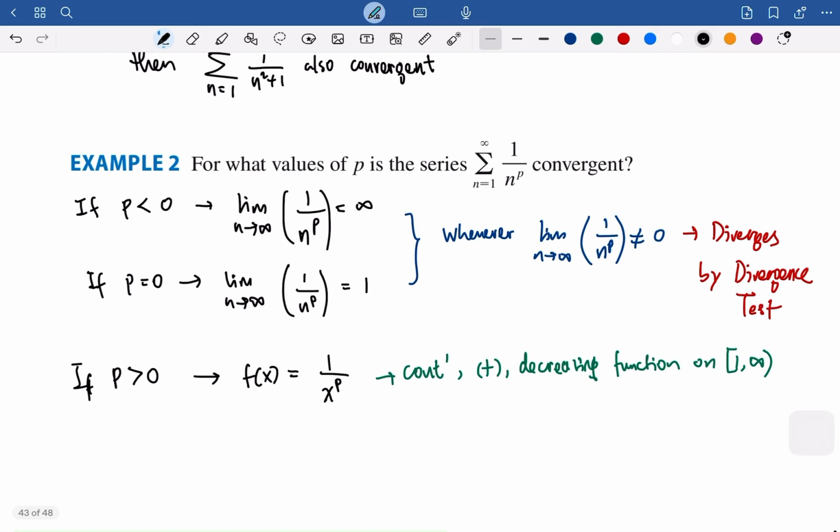And so from the improper integral, if you take the p-test, I will skip that. I hope you still remember the p-test.